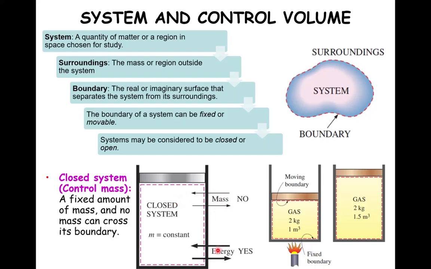It doesn't matter if energy is exchanged, that's no problem. It can still be considered a closed system. The only definition we have for a closed system is that mass is not crossing the boundary of the system.